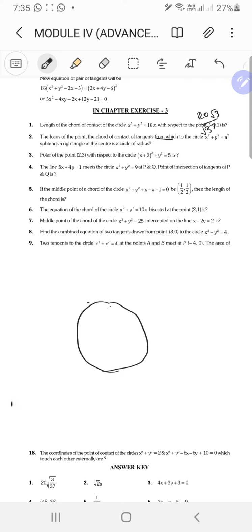So you've got this chord, and it is subtending 90 degrees at the center. This side is r, this side is r, so this will be r square root 2. And we want to find what this distance is. This is going to be r by square root 2.